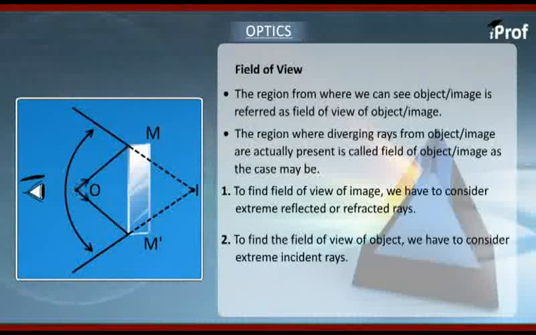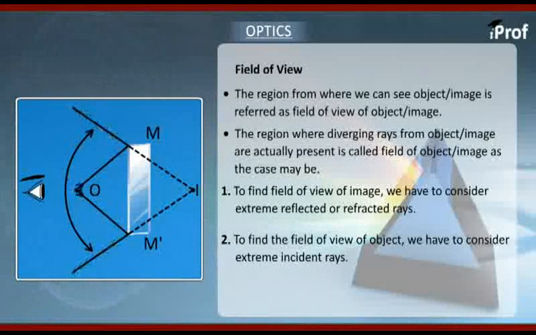Similarly, we can take up one example where our optical system is a lens. Here we show properly the extreme incident rays, which decide the field of view of object, and finally the refracted rays, which are forming a real image.